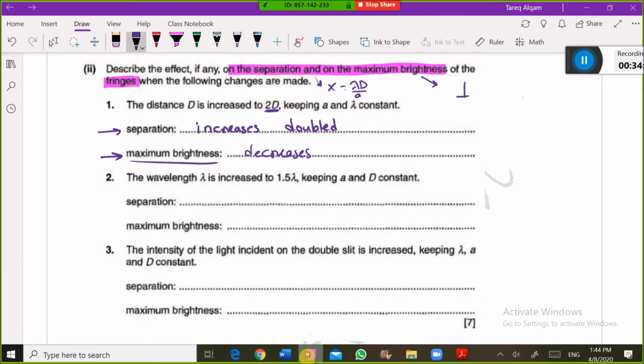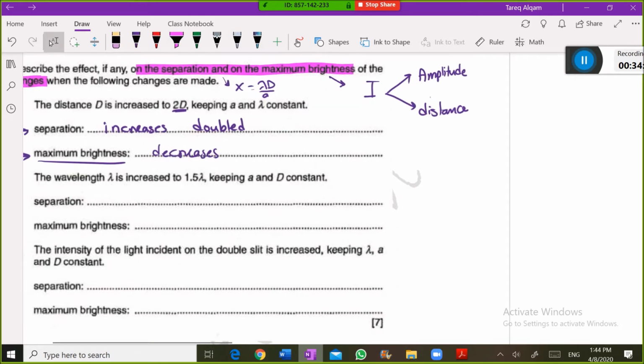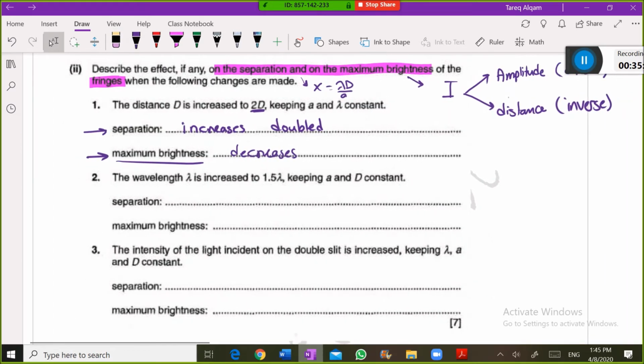It depends on two parts. On the amplitude, yes, you are right, and on the distance. The amplitude is direct, right, and the distance is inverse. So if you have a light source, let's say your mobile flash, and you move the mobile very close to the desk or table, the brightness increases, even though it is the same amplitude.